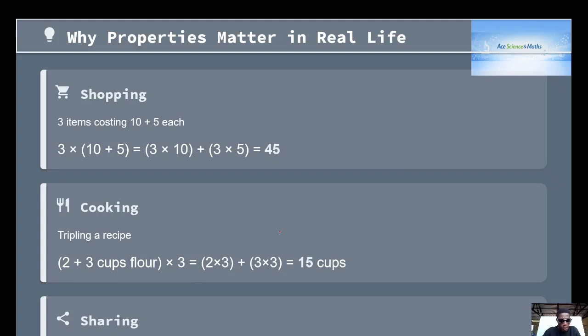When you go shopping, you decide to buy 3 items which cost 10 plus 5 each.